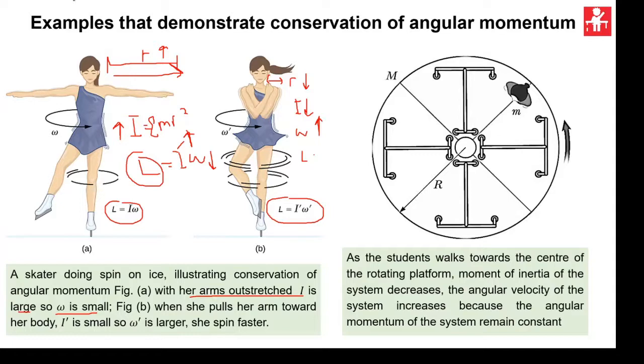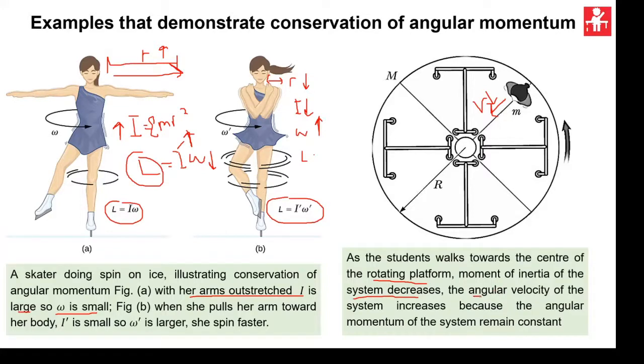For our next example, you have a student moving towards the center of a rotating platform. When she moves towards the center, the value of R decreases, which means the moment of inertia decreases.